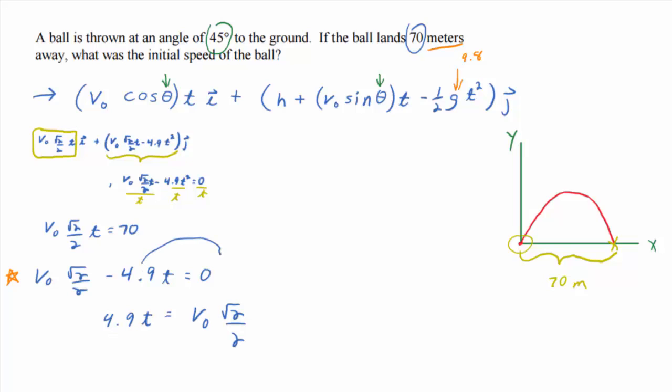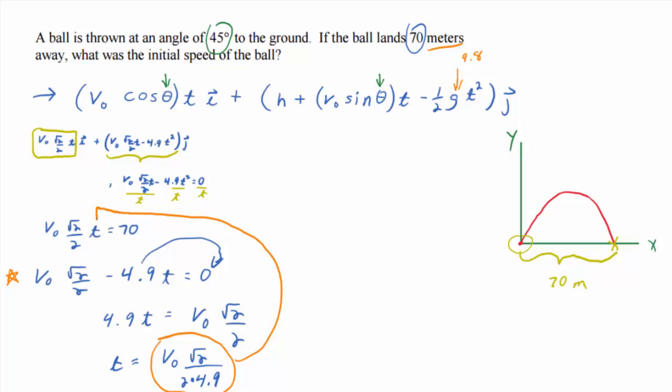You can think of it as adding 4.9 t to both sides, and then multiplying by 1 over 4.9. So t is equal to v naught times radical 2 over 2 times 1 over 4.9, or 2 times 4.9. Now I'm going to plug this in for t right here.